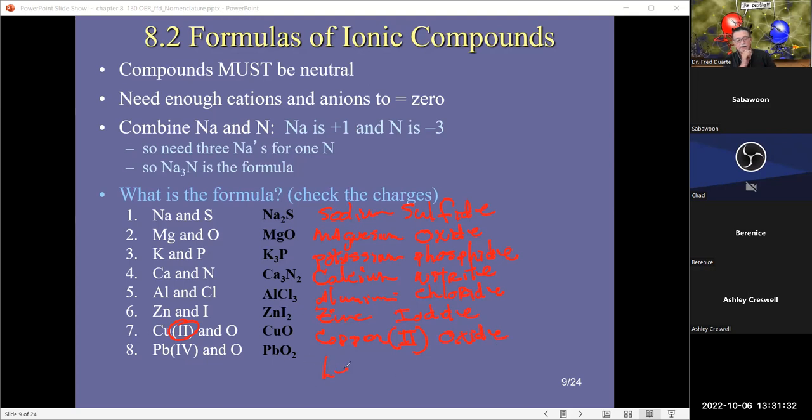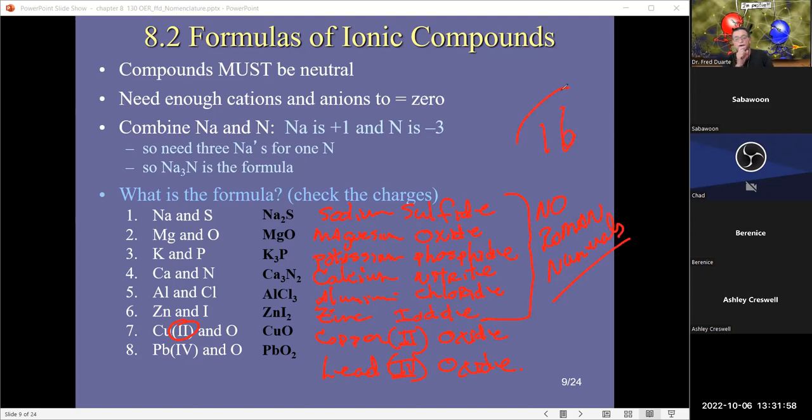Next one is lead, Roman numeral 4, oxide. Okay. Notice for the others that we just did, we use no Roman numerals for them. Okay. Why?